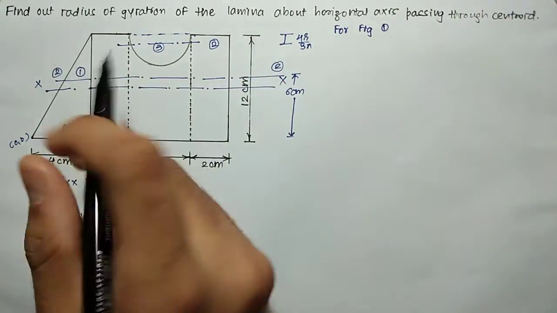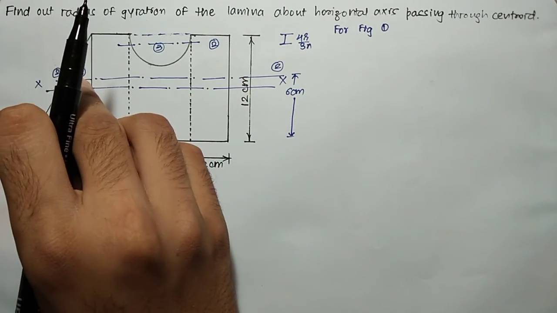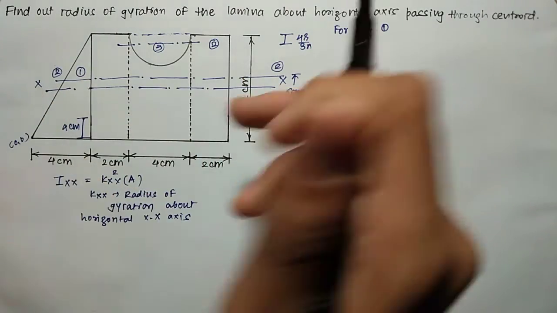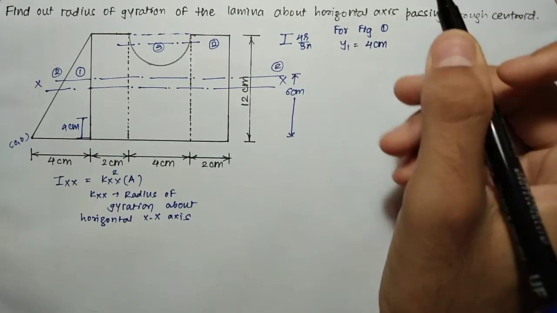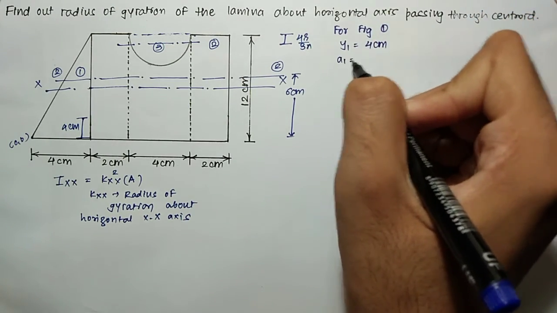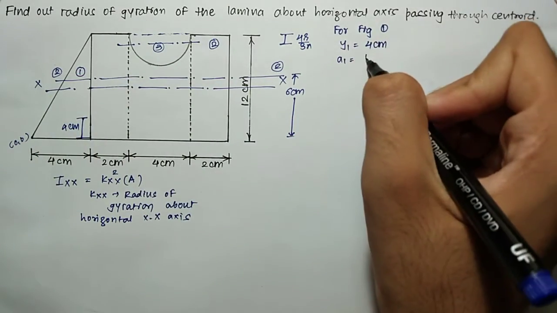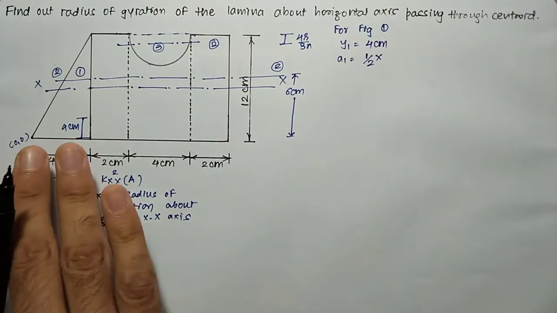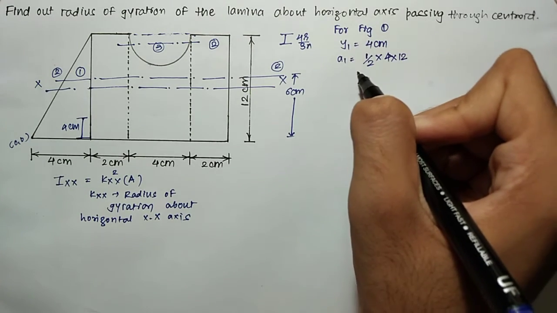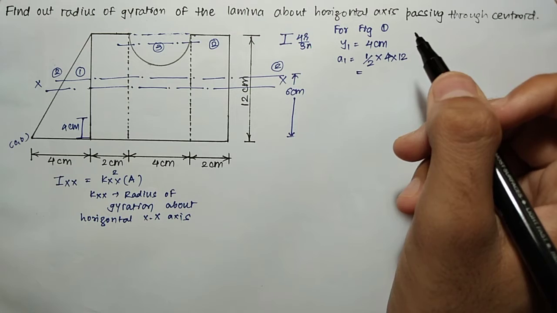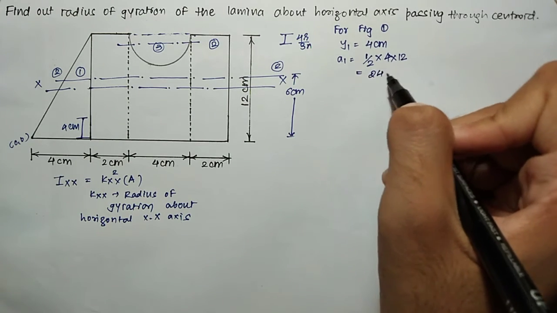So the location of the centroid for this triangular region from the origin is 4 cm. Let us say y1 is equal to 4 cm, and let us also write the area for this triangular region, that can be given as half into base into height. Base is 4 cm and height is 12 cm, so 1 by 2 into 4 into 12. So we will be getting the value of A1 as 24 cm square.